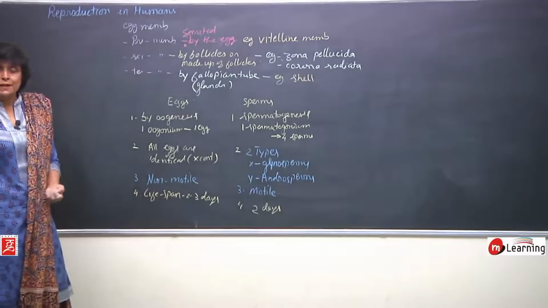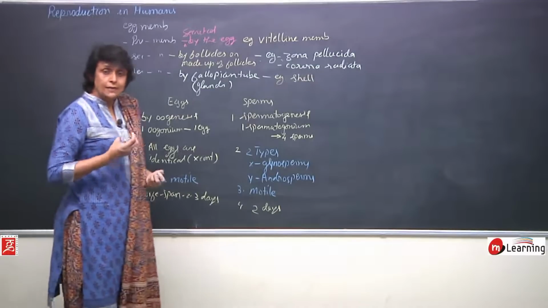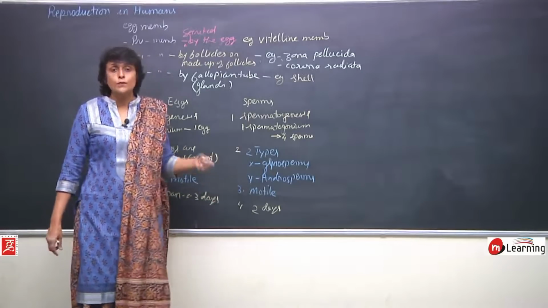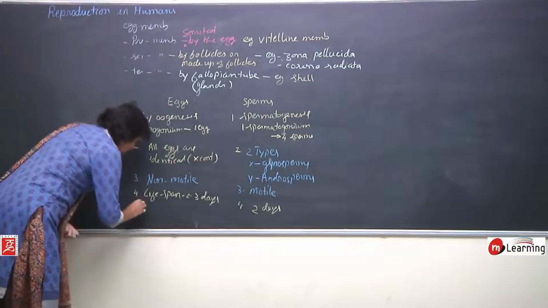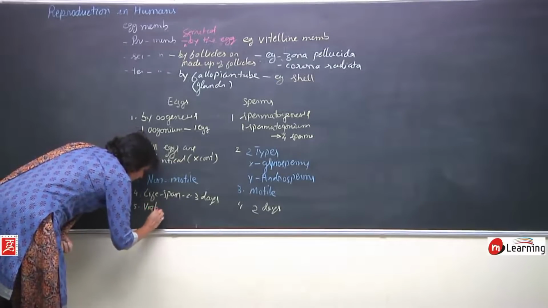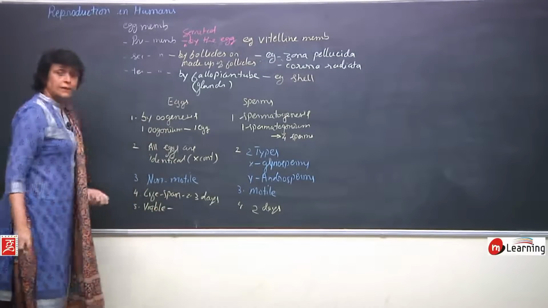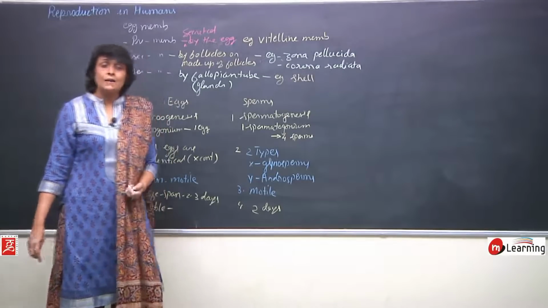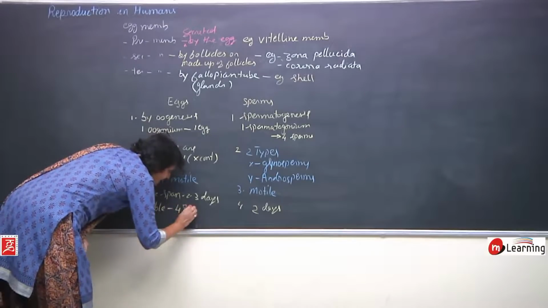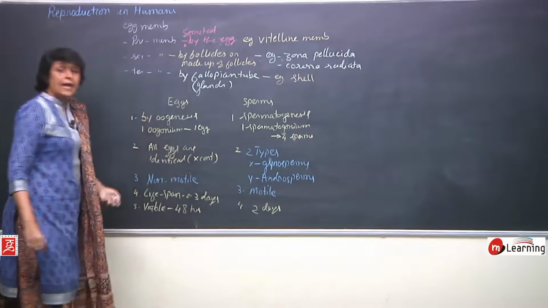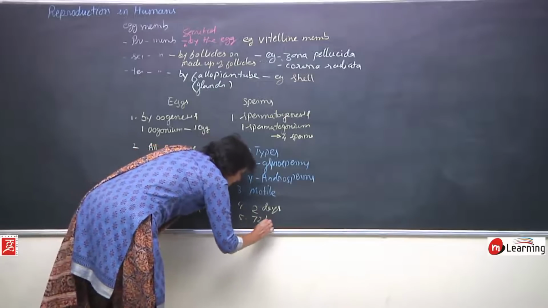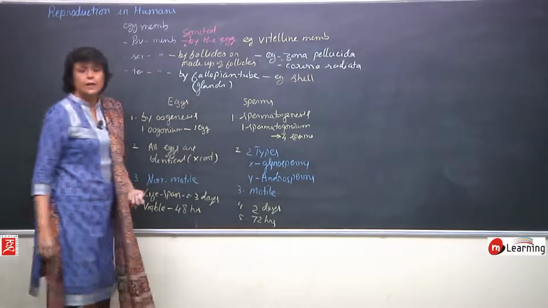Viability, that means the duration for which they will retain the power of fertilization. So the eggs are viable for about 48 hours and the sperms are viable for about 72 hours.